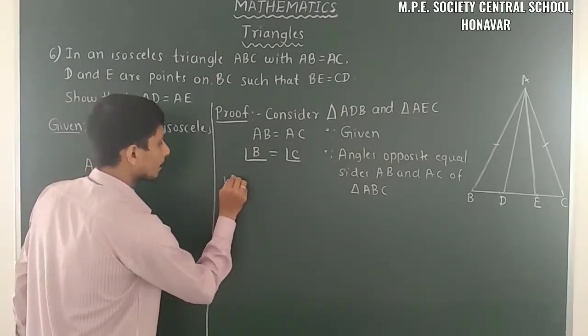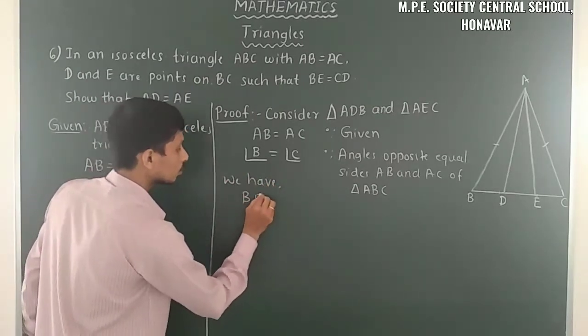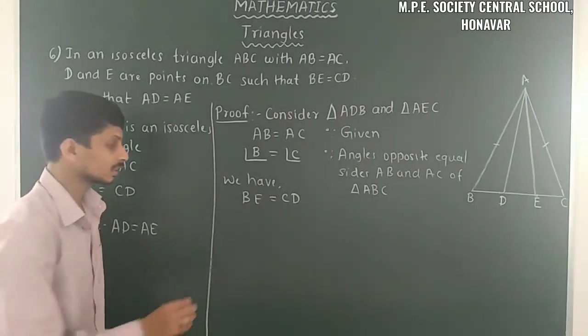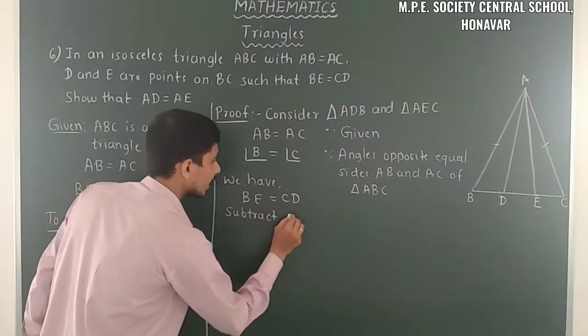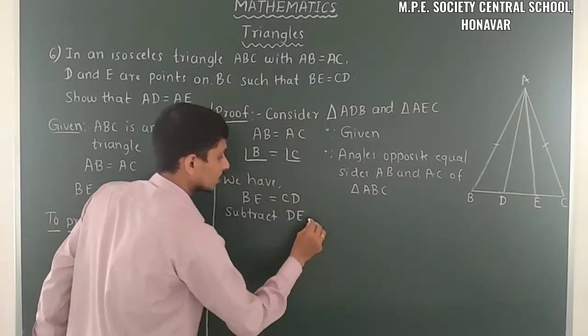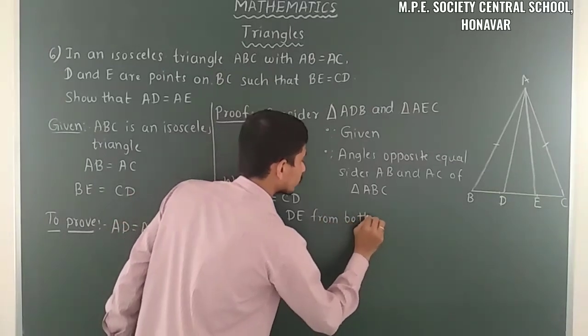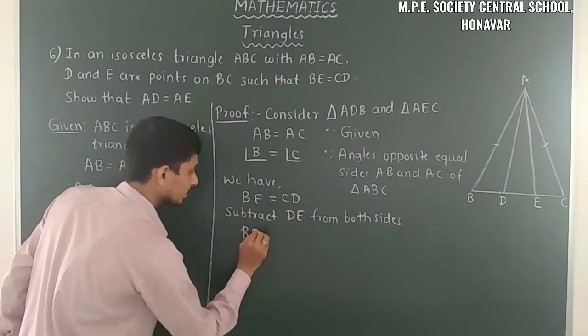So we have BE is equal to CD. Subtract DE from both the sides. What we have?